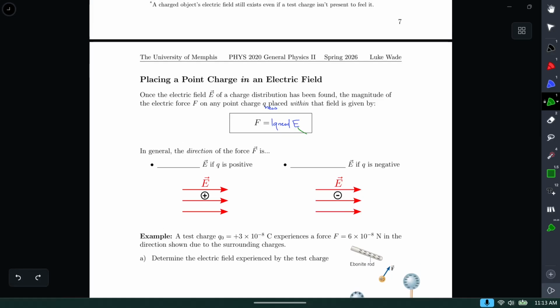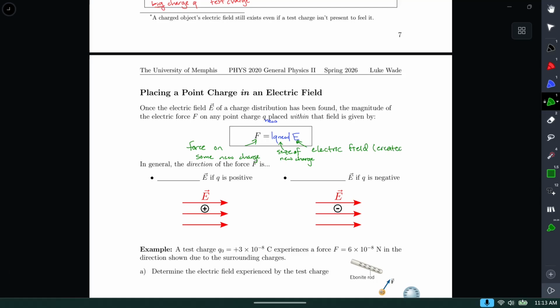So we'll say this is the force on some new charge. This is the size of that new charge. And this is the electric field, which is created by other charges, created by some other charged object.